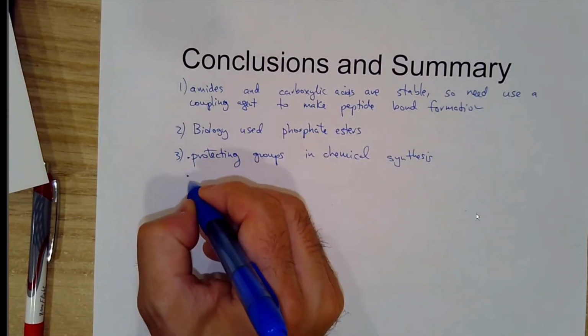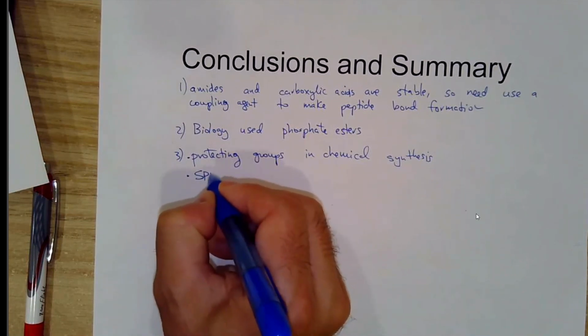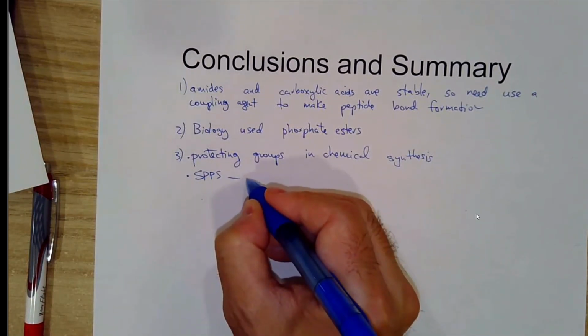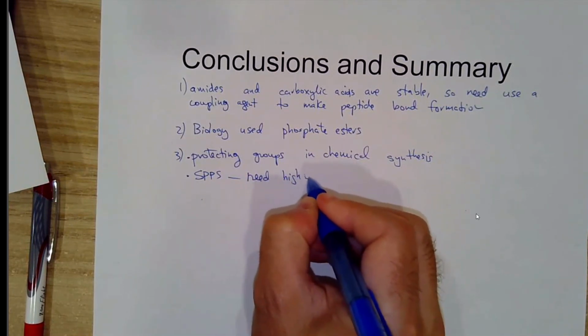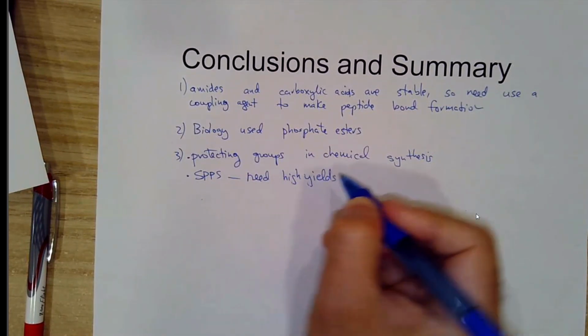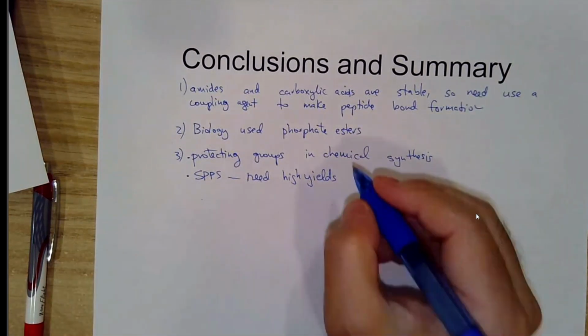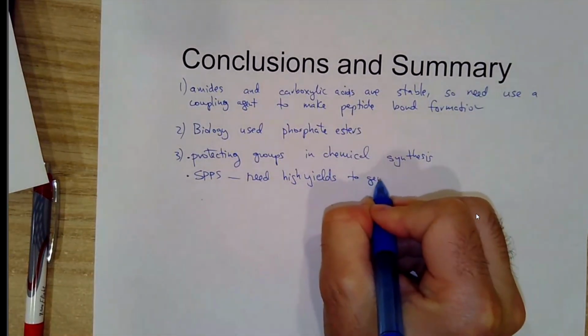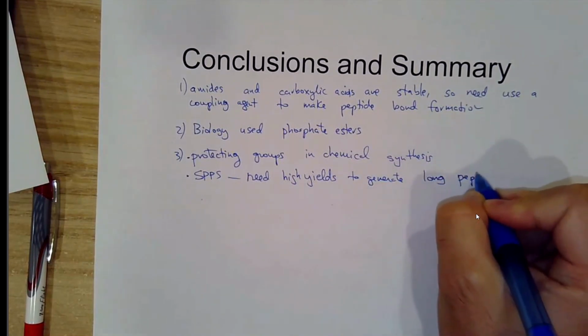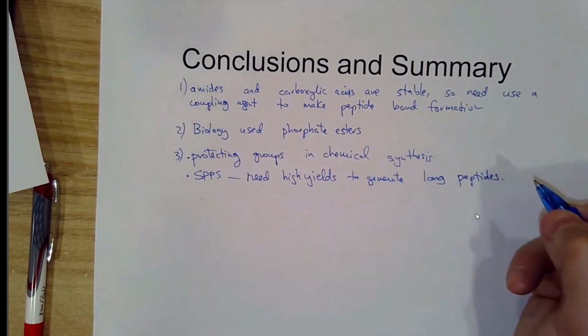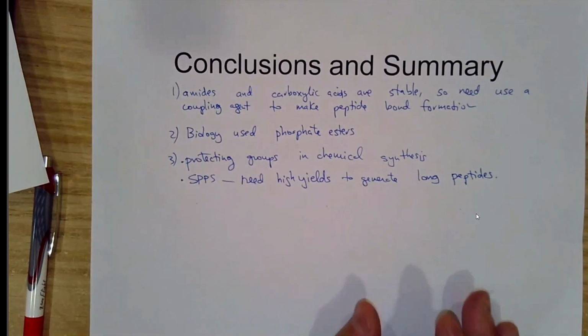And then finally, we looked at solid-phase peptide synthesis and how you need high yields of each coupling step in order to generate long peptides. Okay, so that concludes part 2 of peptides. Next in order will be the last unit, part 3.